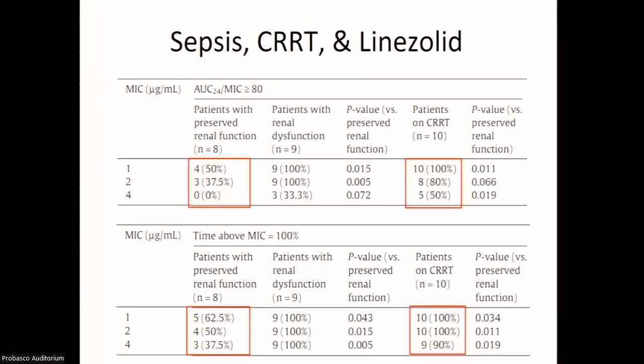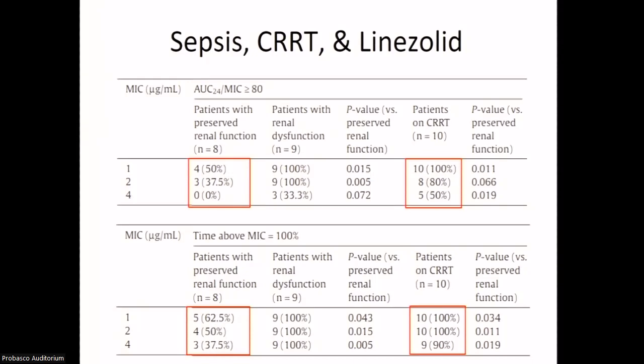So to evaluate the potential effects of CRRT on linezolid PK/PD, Ide and colleagues conducted a single-center prospective study of 27 critically ill adult patients with sepsis or septic shock, and they compared the linezolid parameters in patients without renal dysfunction to those with renal impairment and those undergoing low-dose CRRT.